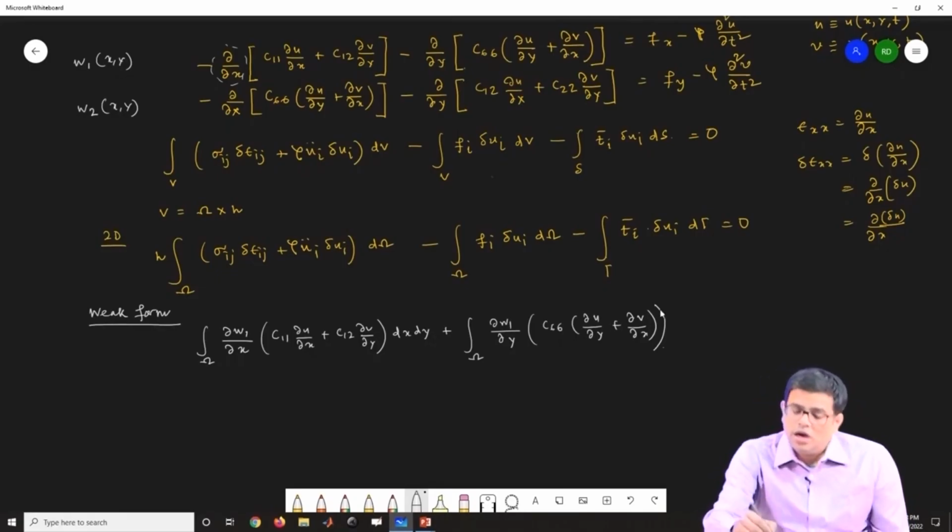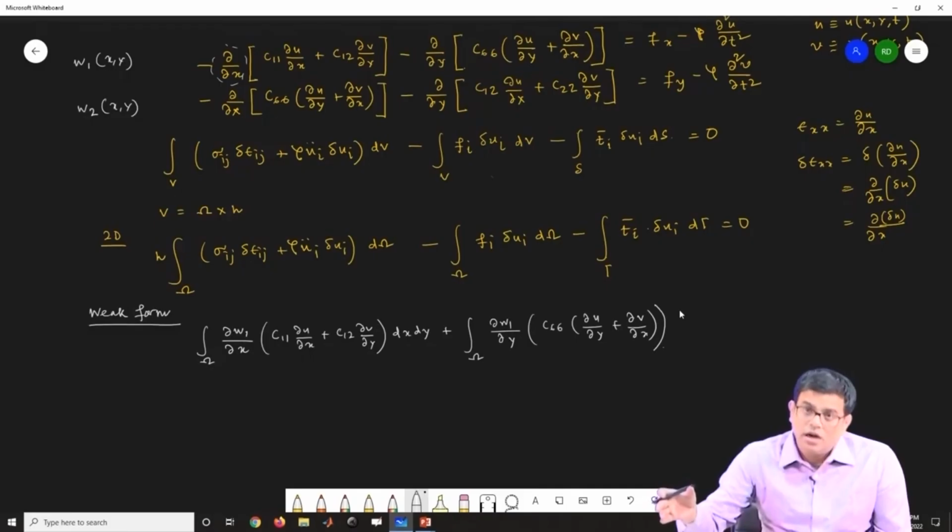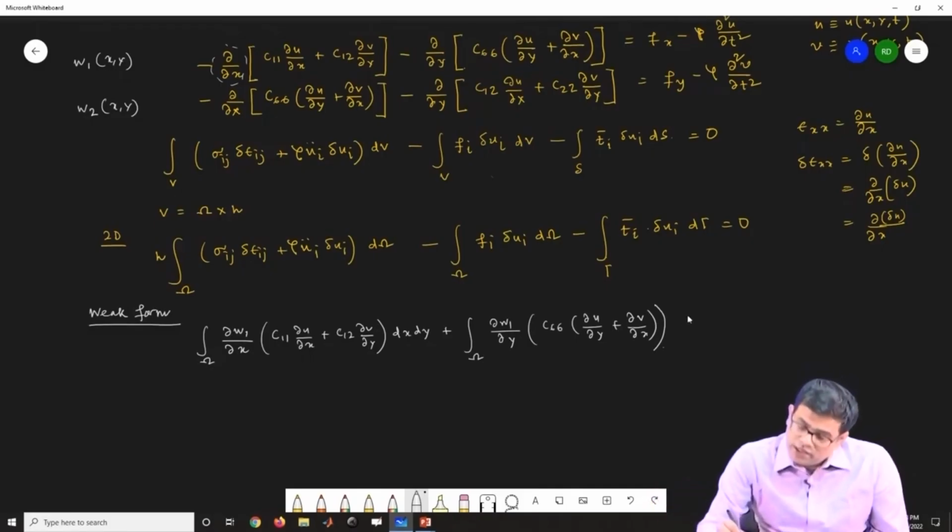By doing this integration by parts, we will also have a boundary term, which I will write later.